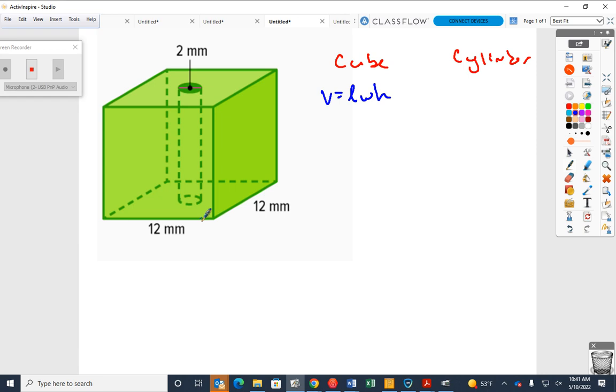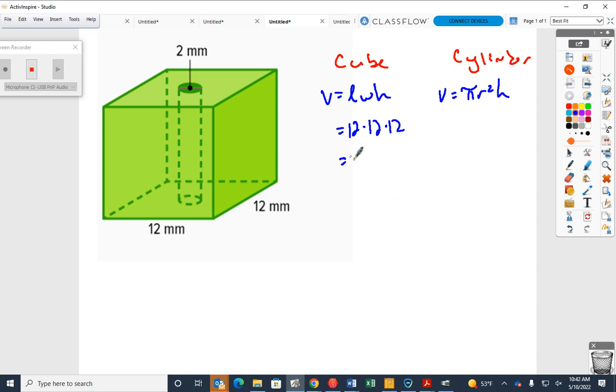That's fine. Okay, volume of a cylinder is pi r squared times height. Okay, so let's plug in some numbers here. If it's a cube, all the sides are what? The same. So that's 12 times 12 times 12. What is 12 times 12 times 12? 1728?